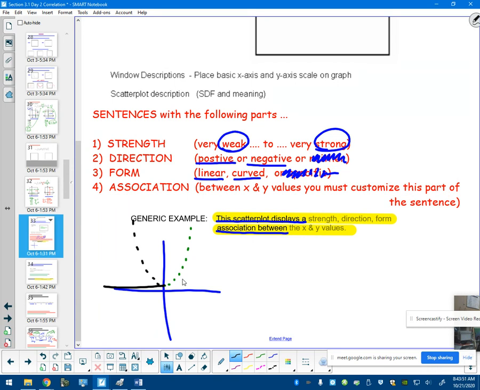It could be like that, which would be quadratic or an even power, or it could go off like that, which would be a cubic or an odd power function. So we either say linear or curved. If it's curving, we don't say it's exponential. We just say curved. So that's what we did yesterday. We're going to fill out 3 and 4 today.